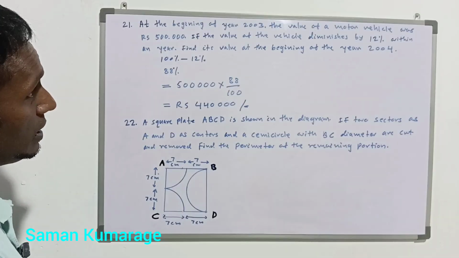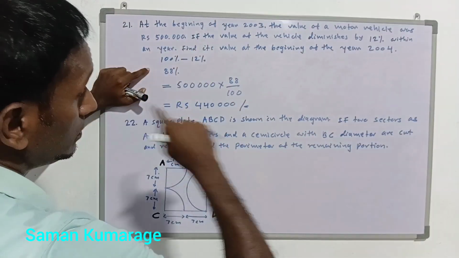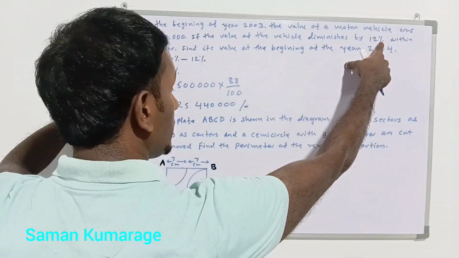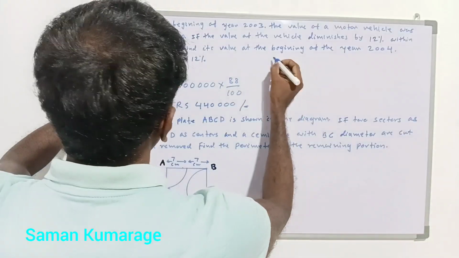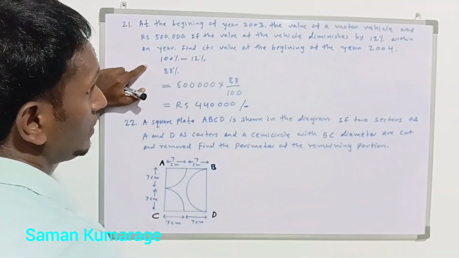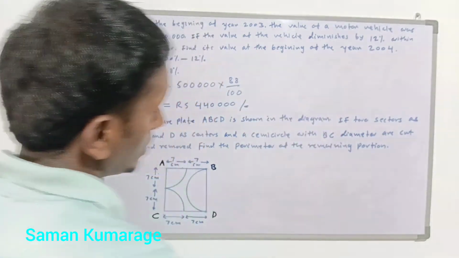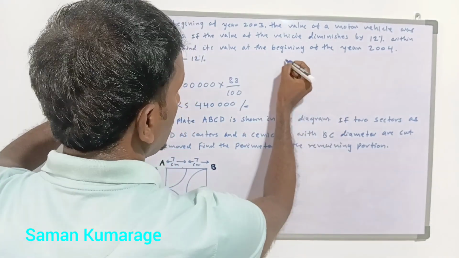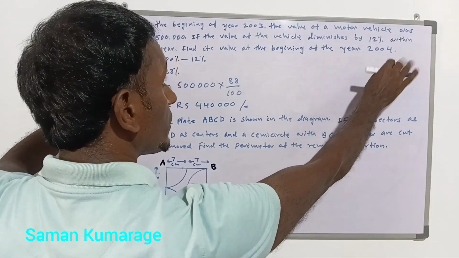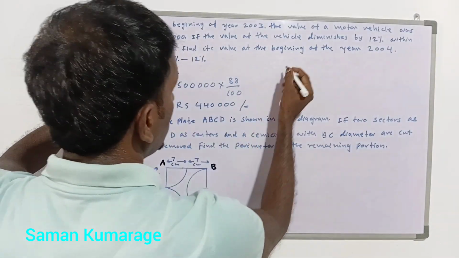Let's see the second method. First we need to find how much is 12% of the initial value, and then we have to subtract that amount from the initial value. It will be the value at the beginning of year 2004. So first we need to find how much is 12% of the initial value.